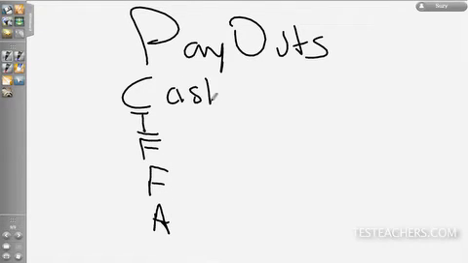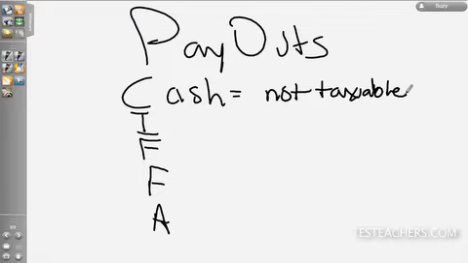Cash. Most beneficiaries elect cash. It is the only one that guarantees that the face amount is not taxable to the beneficiary. Cash. Take the money and do with it whatever you want. So most will choose that.